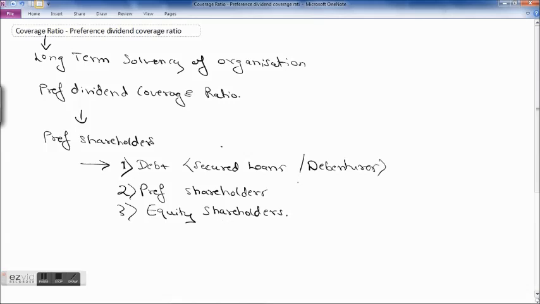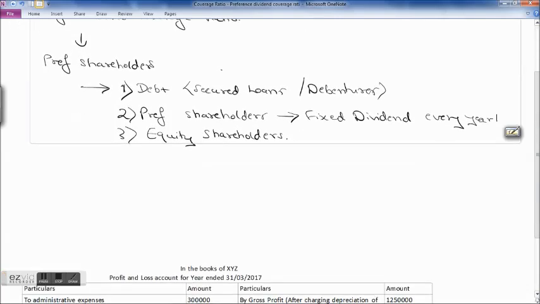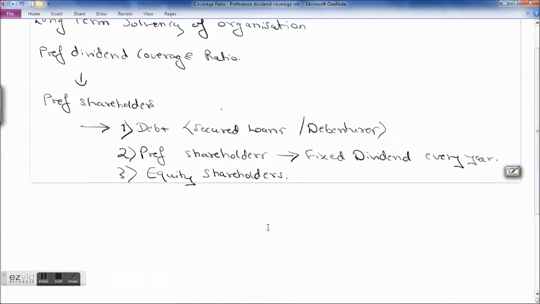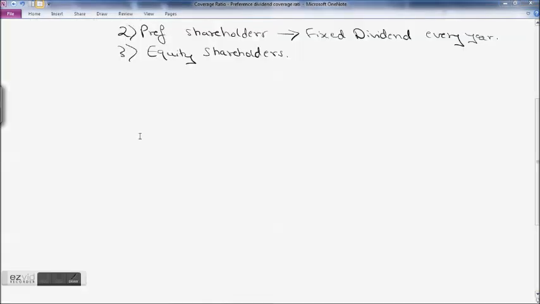So usually preference shareholders will have a fixed dividend, which is to be paid every year. Okay, now there are two things in preference shares also.